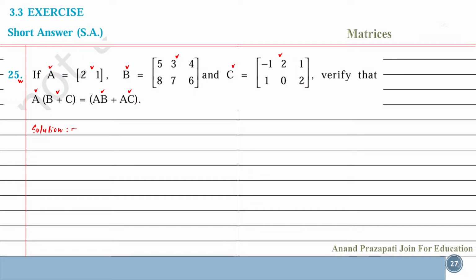So we find out B plus C for this one. Then B plus C will be what? 5 plus minus 1 equal to 4, and 3 plus 2 equal to 5, and 4 plus 1 equal to 5. 8 plus 1 equal to 9, and 7 plus 0 equal to 7, and 6 plus 2 equal to 8.